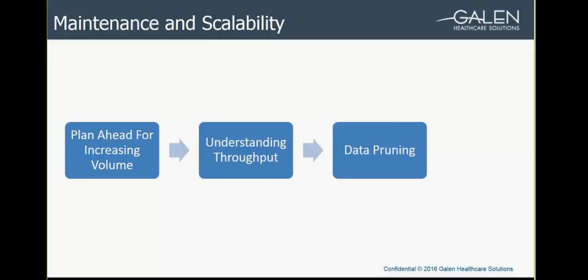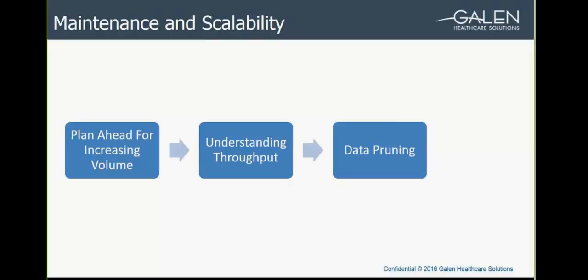So it's very important to plan ahead for that increasing volume, making sure you have enough memory and enough space on your system. Also, understanding throughput for your mission-critical applications. We've seen issues come up with EMPI services or document repositories or document registries where they really can't handle the amount of throughput that's coming through on a daily basis.